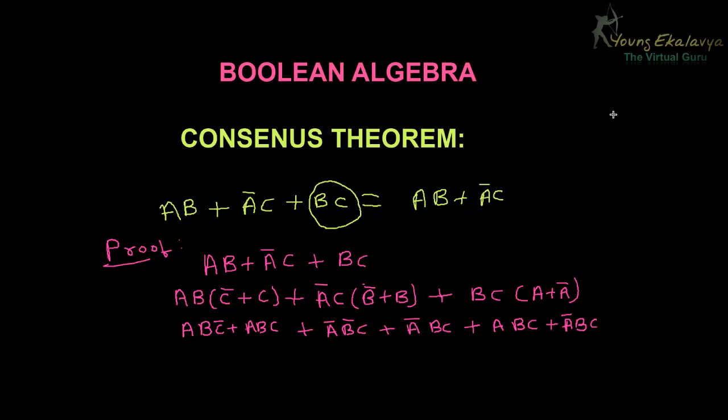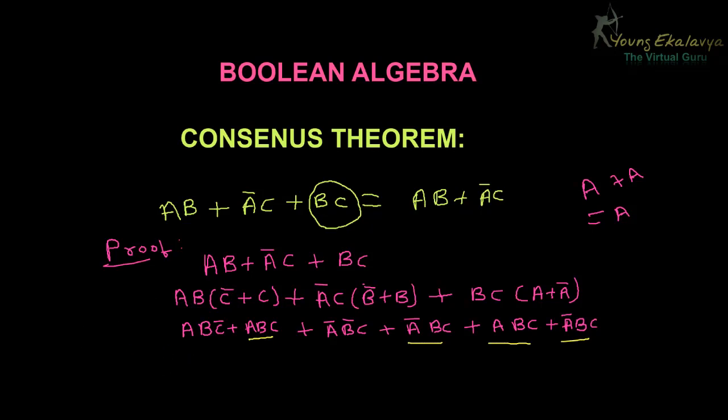As I have said in the theorems, A plus A is equal to A. So we can implement it here, reducing these two terms into one term, and we have it here also. So from these 6 terms we can make it into 4.